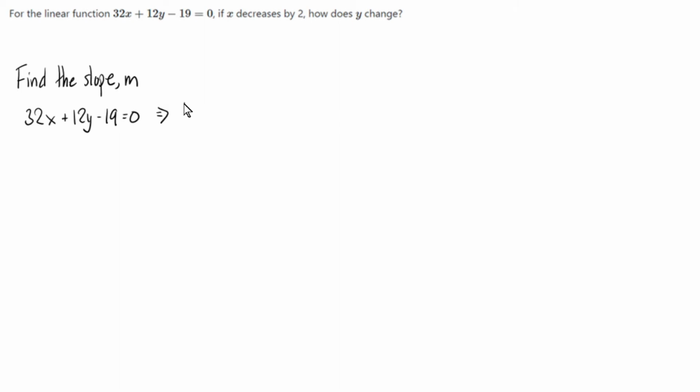So we're going to get 12y equals negative 32x plus 19. Divide everything by 12, and we get negative 32 over 12 x plus 19 over 12.